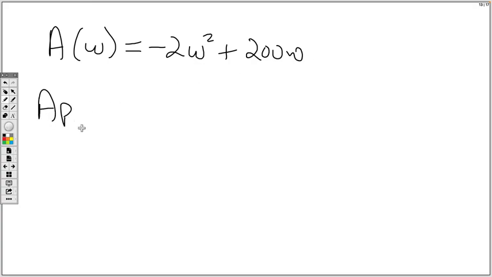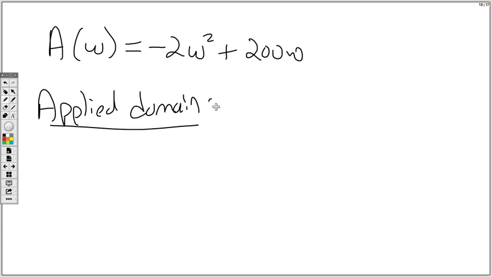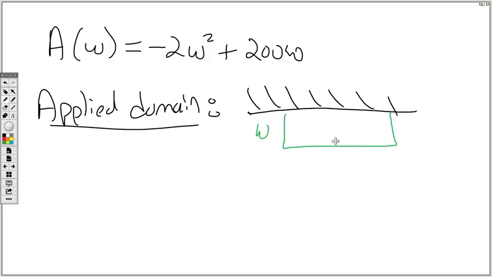Now we need to figure out an applied domain. So this is where we have to think, what values of W are going to make sense in this particular situation? So we go back to what's happening here. We got originally our W and our L. To even have a pen, W and L have to be what kind of numbers?